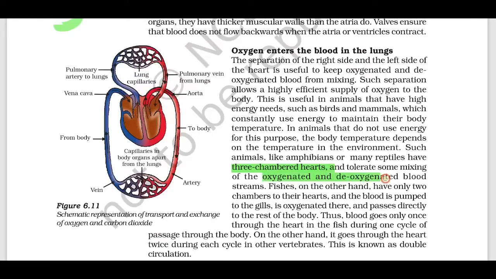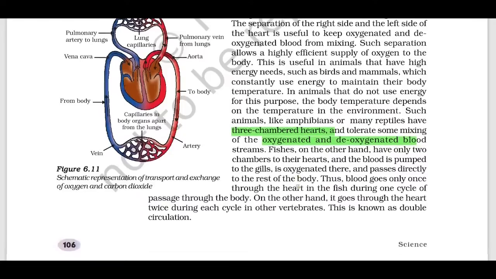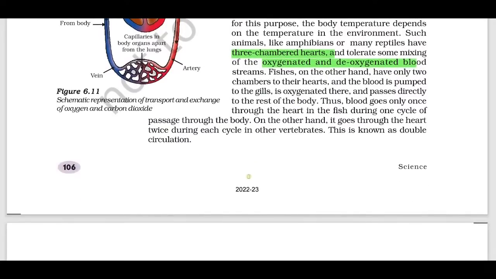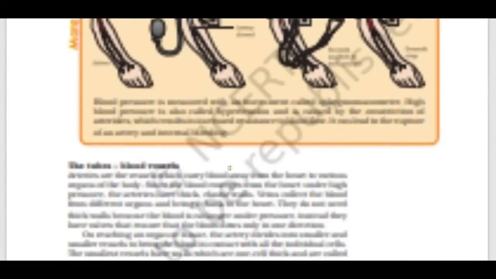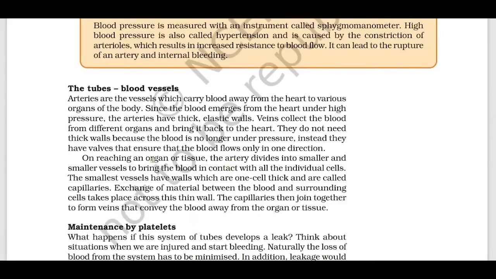Why is oxygenated and deoxygenated blood separated? You should know all these concepts, and definitely you should learn the concept of double circulation, and you should know the difference between arteries, veins and capillaries.